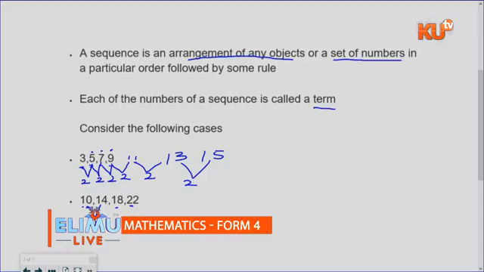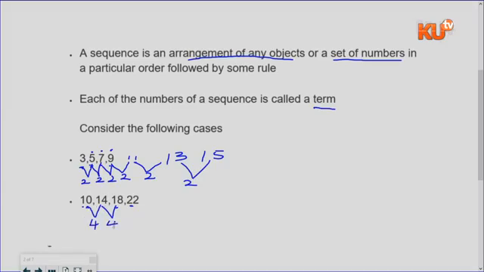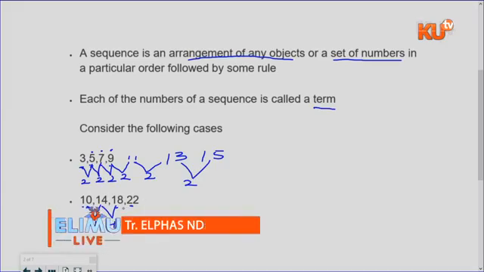If you compare the second term with the third term, there is an addition of 4 again. Third term and the fourth term, there is an addition of 4 again. And so this is what we're calling our rule. The rule here is add 4 to get the next or consecutive term of the sequence.